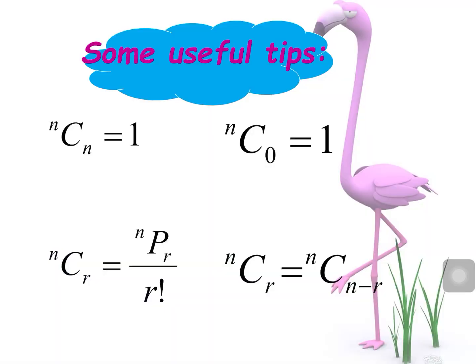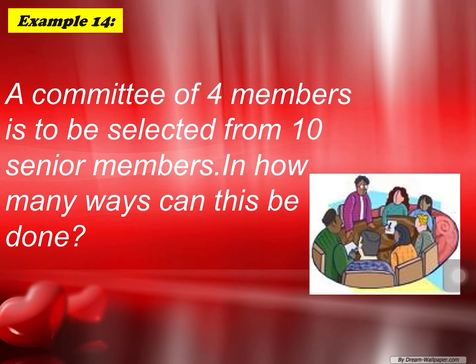These are some of the useful tips that you can use while answering combination. nCn equals 1, nC0 equals 1, nCr can be derived from nPr over r factorial, or nCr equals nC(n minus r).